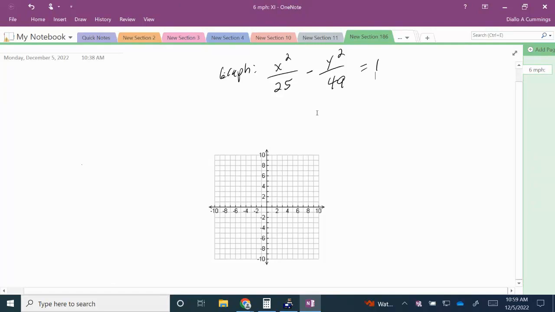Notice that we have the x squared variable first, and we can also determine by the equation that this hyperbola is centered at the origin. And I know it's a hyperbola because we have a difference of two terms.